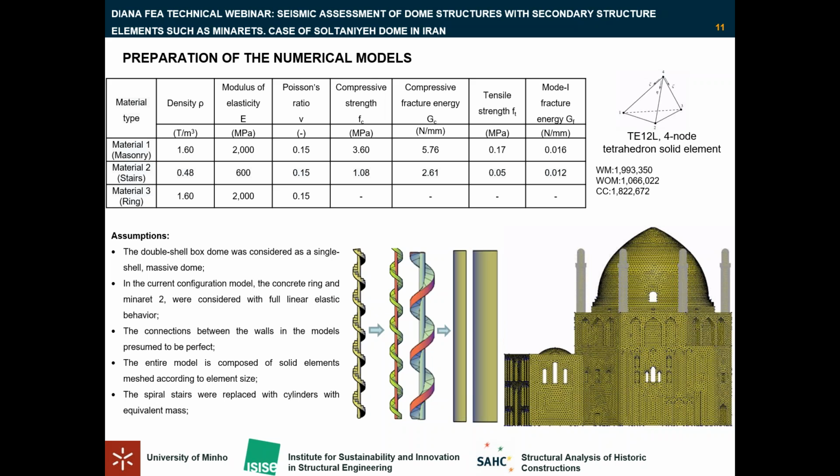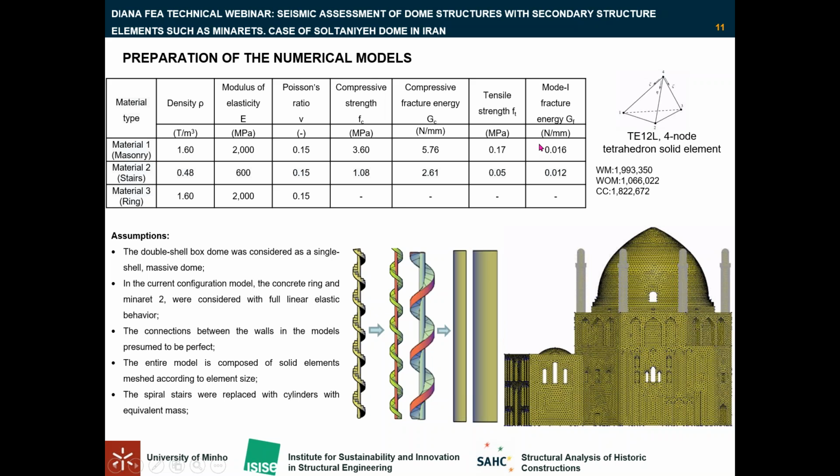In terms of material properties, 3 types of materials were defined. Material number 1, which you can see in this table, adapted to the whole masonry with these characteristics that you can see. Material type 2, adapted to the stairs.